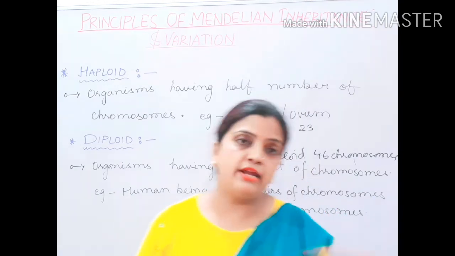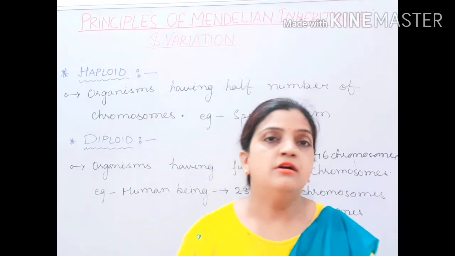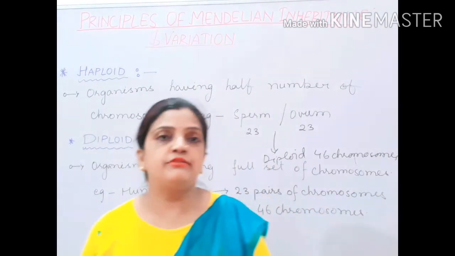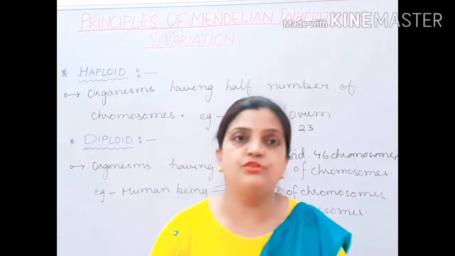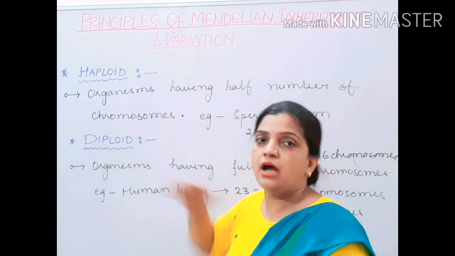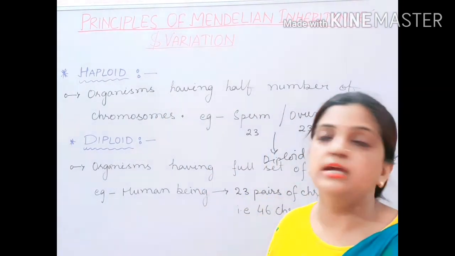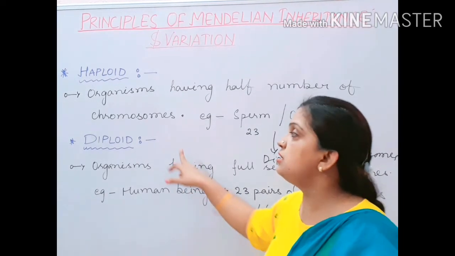So 4 are present in the male sperm and 4 are present in the female egg. When 4 and 4 pair up together, they make 8 chromosomes. So hope children you have understood that when we talk about the half number of chromosomes, it is haploid, and when we talk about the total number of chromosomes, it is diploid.